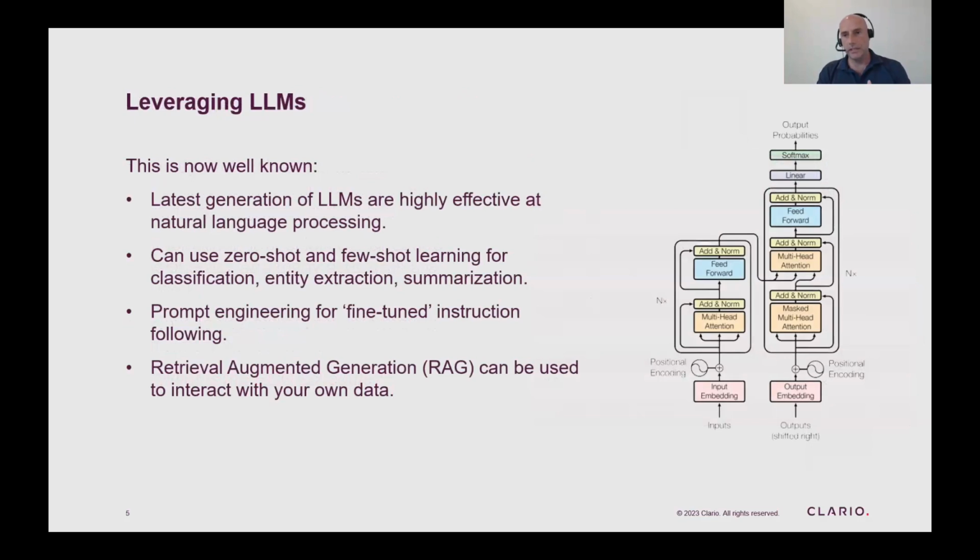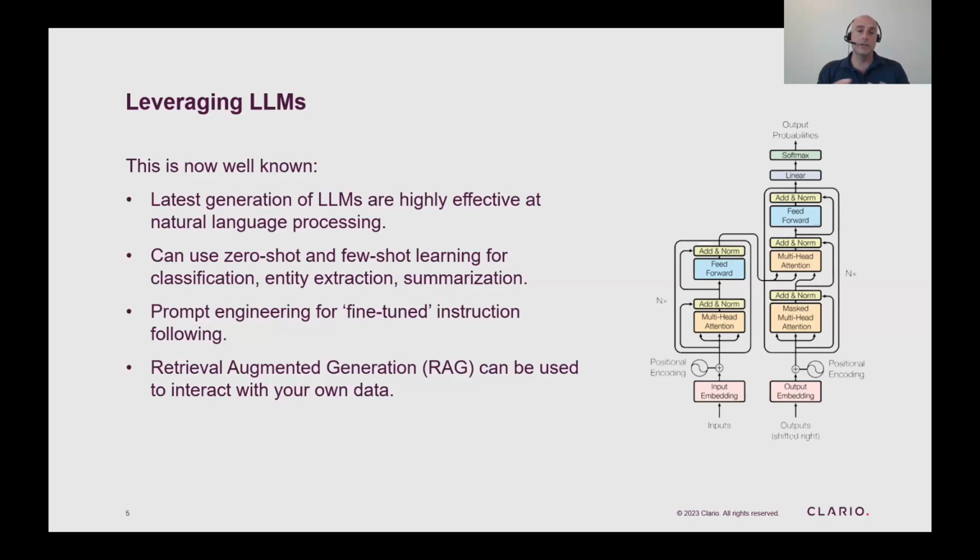Now, with the advancements in large language models, it's well known that you can use LLMs for much more than chat. They're fantastic at conversational AI, but you can actually use them for natural language processing very effectively. There are different techniques you can use: zero-shot learning, few-shot learning, classification, entity extraction, summarization, and so on.